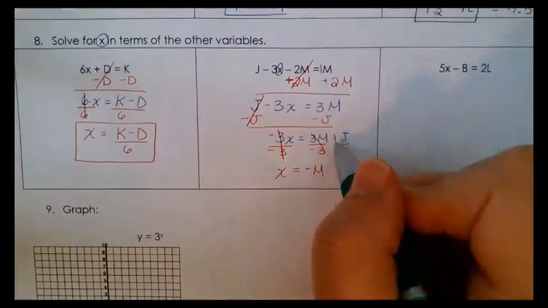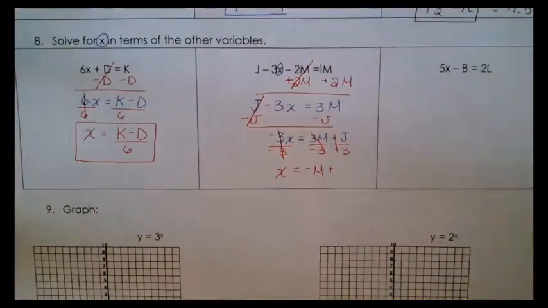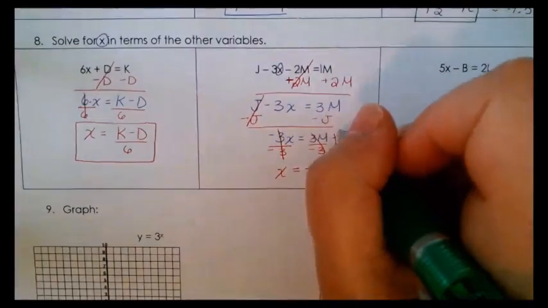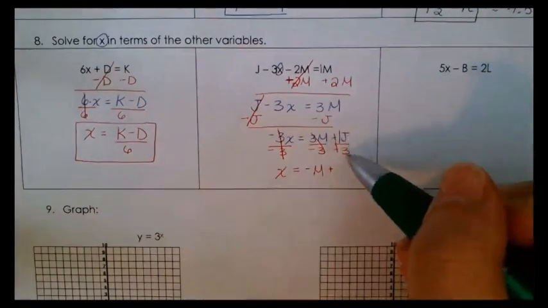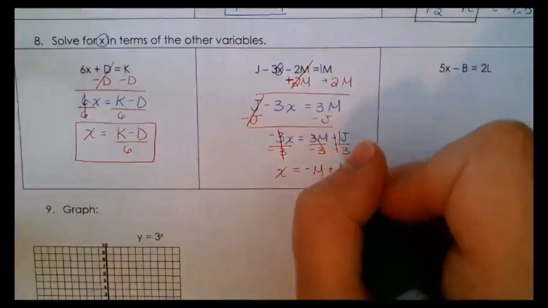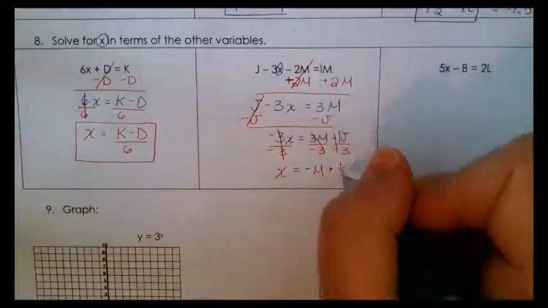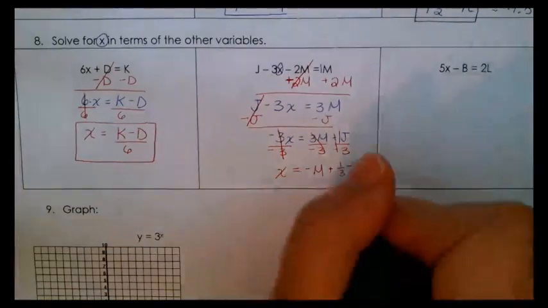Well, the two negatives are going to form a positive. So you're going to get a positive here. However, there is an invisible 1 in front of the j. So you can either express this as just j over 3, or you can write it as 1/3 j. Okay? And that will be a final answer.